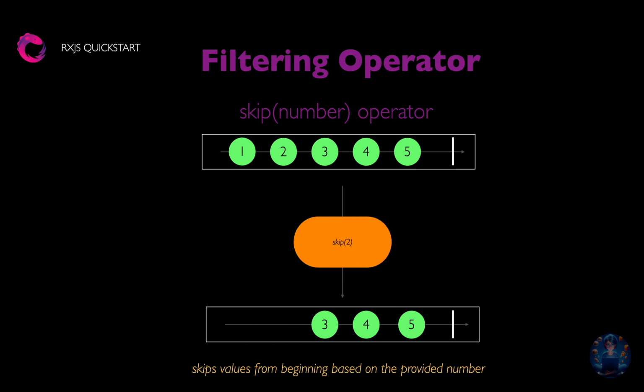And to this, we added skip, passing a value 2 as the argument. When we pass 2, it skips the first two values emitted by the source observable, starting from the beginning of it. So from the beginning, your observable is emitting 1 and 2. These two values will be ignored, and the rest will be received by your observer.